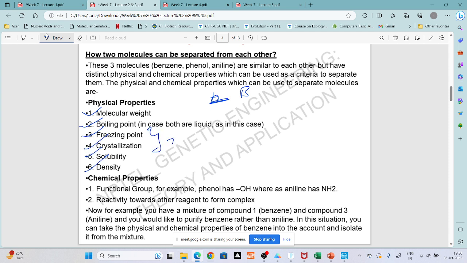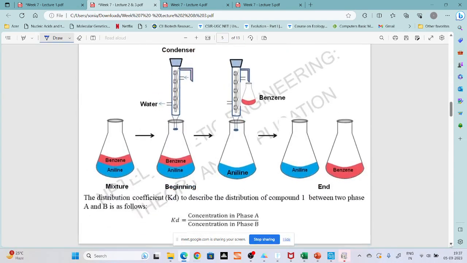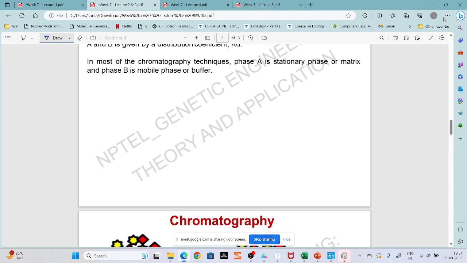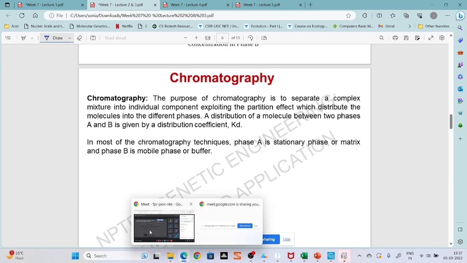These are all your physical properties. Apart from physical properties, as we just studied, there are functional groups and their reactivity towards other reagents to form complexes. So two molecules can be separated on the basis of the different properties that they have. This is a basic principle of separation that we can use. Now we come to chromatography. Now how is chromatography exploited here?